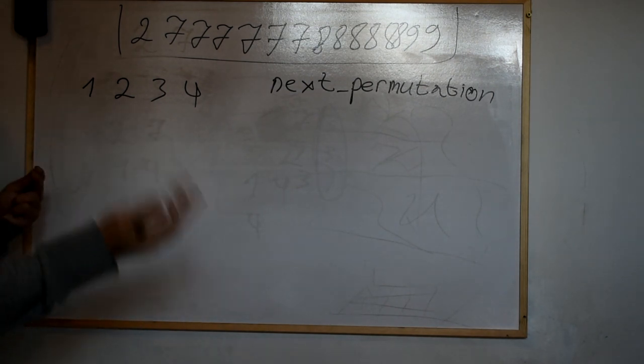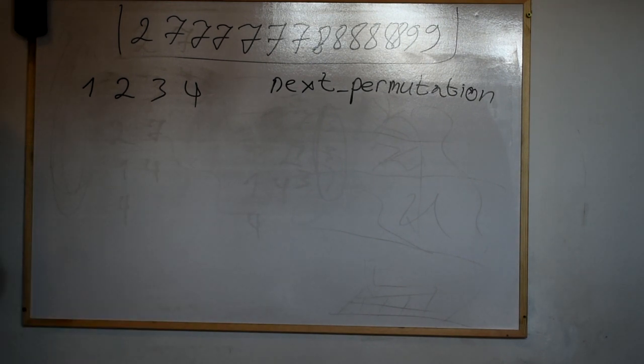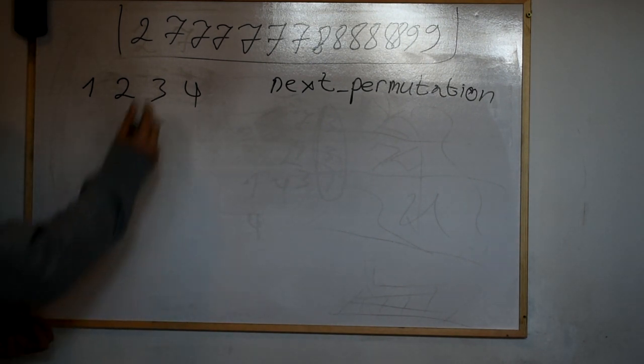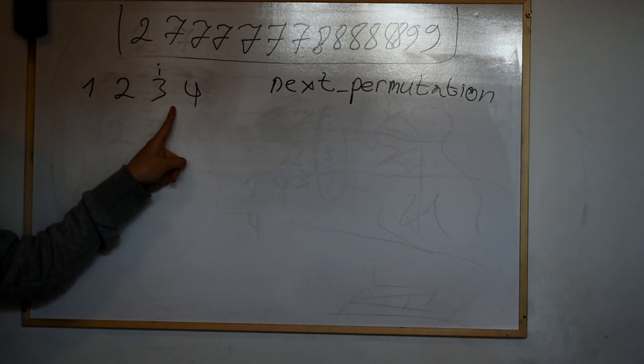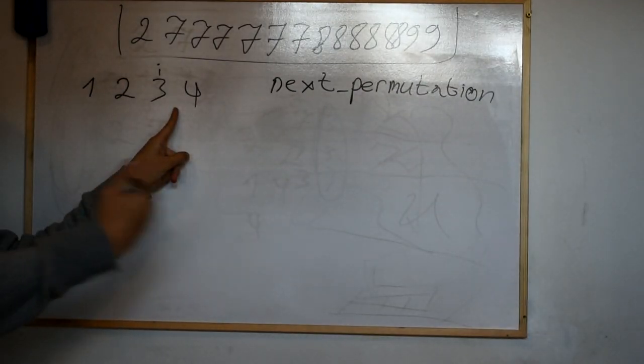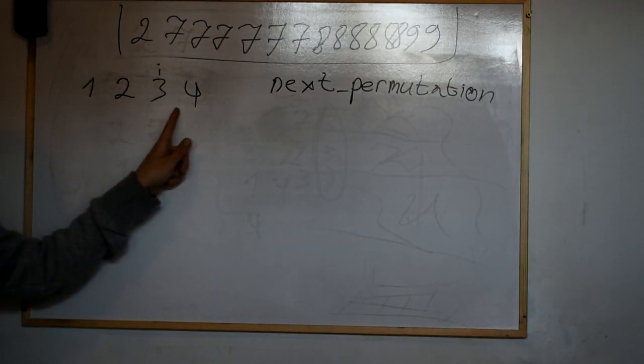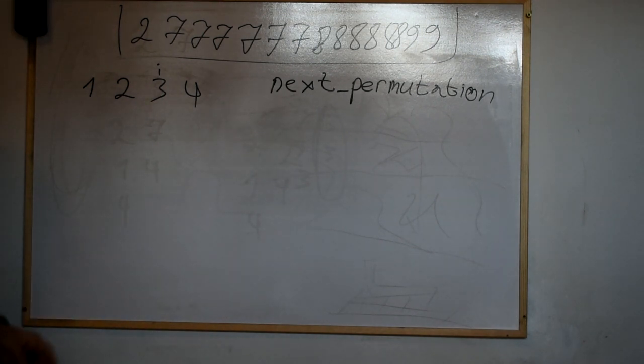So what you do is you find the last sorted pair. That means the first number is smaller than the second, and you mark the first number's position as E, and so the first number becomes A[E].